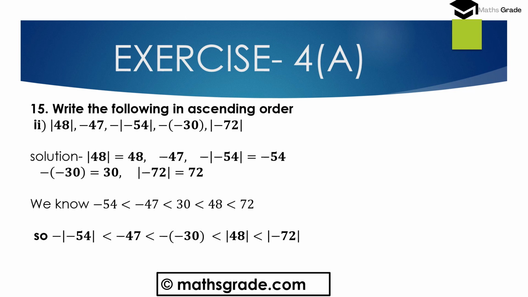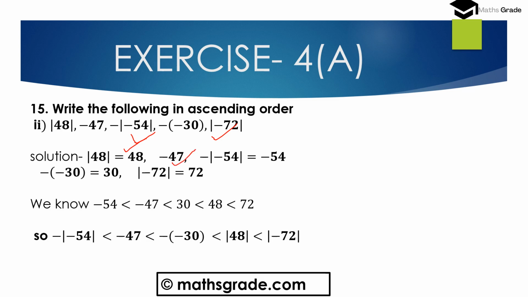Now we solve question number second bit. Absolute value of 48, minus 47, minus of absolute value of minus 54, minus of minus 30, and absolute value of minus 72. We know absolute value of 48 is positive 48, and minus 47 is minus 47.